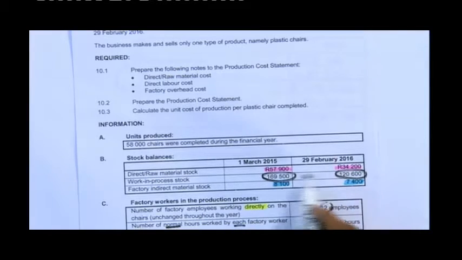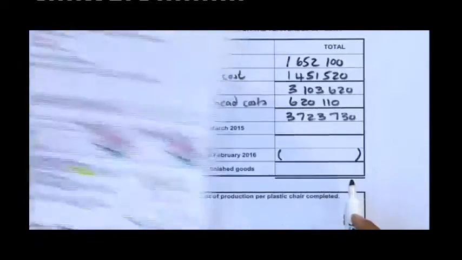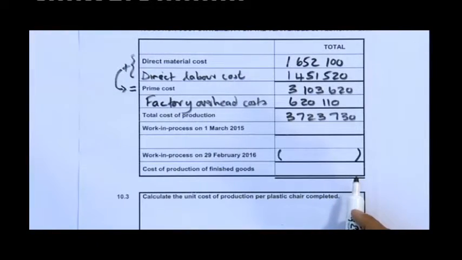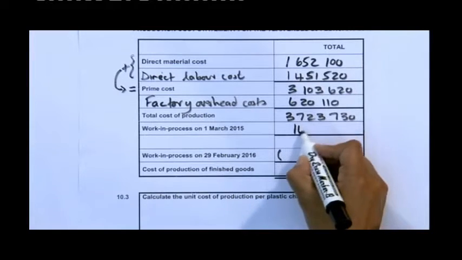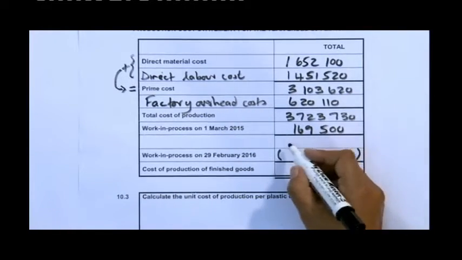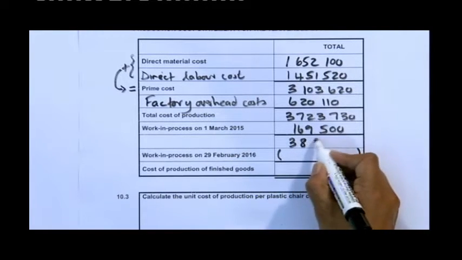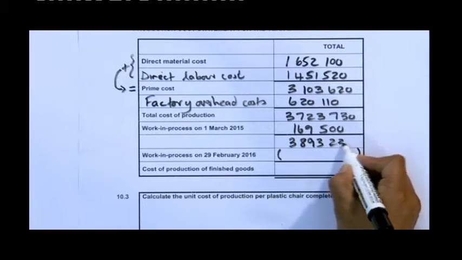I didn't finish it. It's unfinished items. So I'm going to put this amount in first, and I'm going to minus that amount. Okay, so let me put the amount in, 169,500. That I'm going to add together. So that plus that is going to give me 3,893,230.